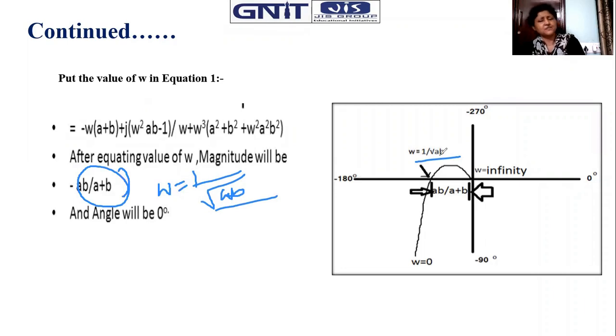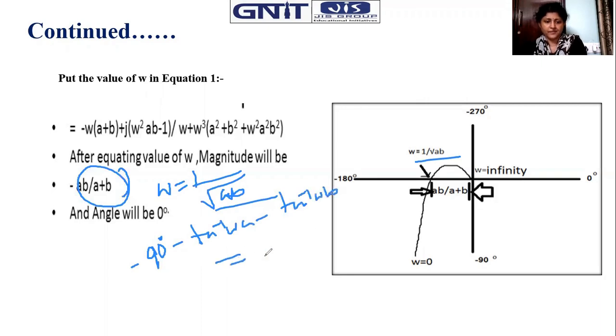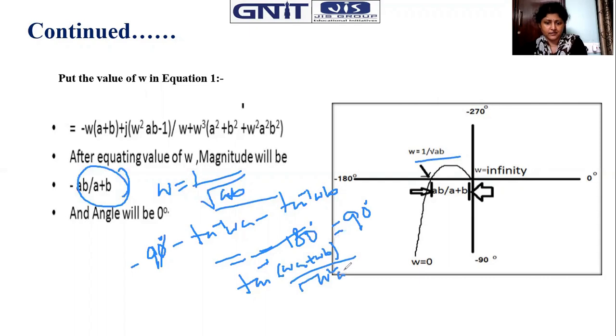Okay, it's very simple. And you can also put the angle: that is minus 90 degree minus tan inverse of omega A minus tan inverse of omega B, that will become minus 180. Okay, so it will be easier. So from these two, summing the tan inverse terms, we are getting omega A plus omega B by 1 minus omega square AB, right?